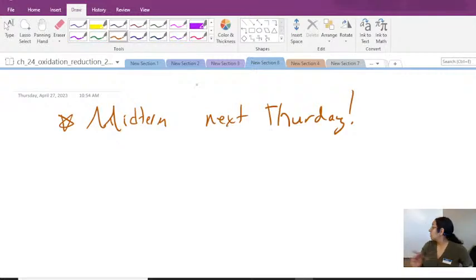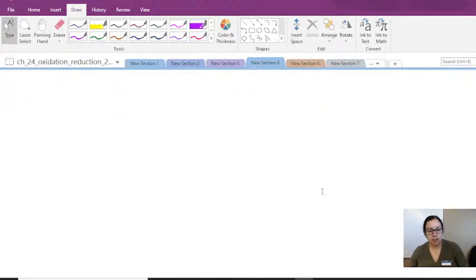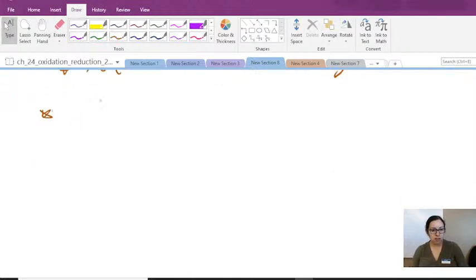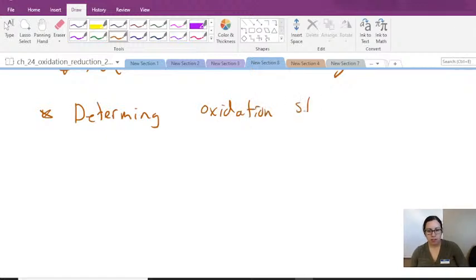All right, so let's go back in our textbook. We need to look at determining oxidation states in more depth, and how to do that, especially for organic compounds.